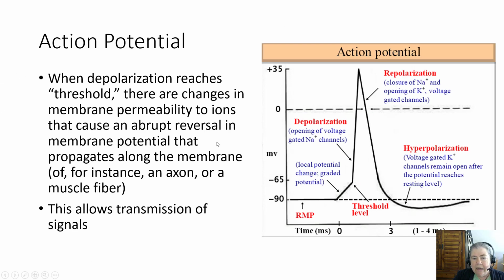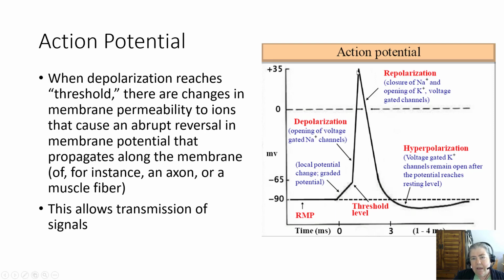So when enough of the ligand gated channels have opened to move the membrane potential from, in this case, -90 to -65, that's threshold, and suddenly the voltage gated sodium channels open. Sodium starts rushing into the cell, returning the membrane potential to close to 0.